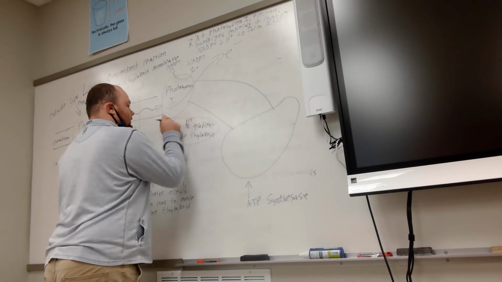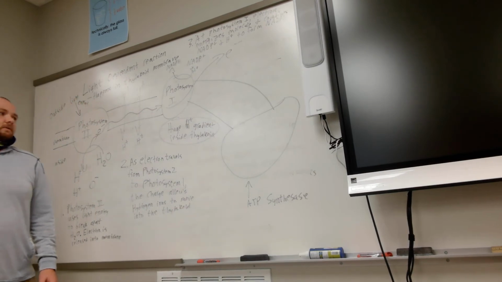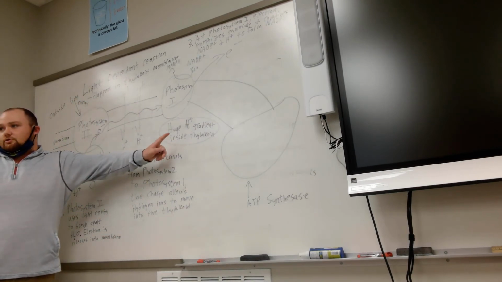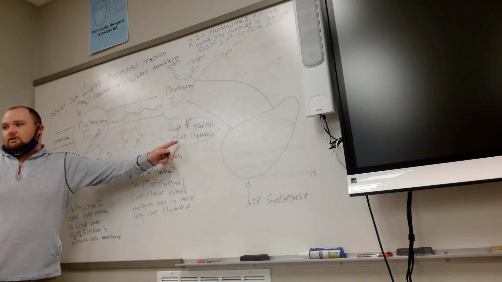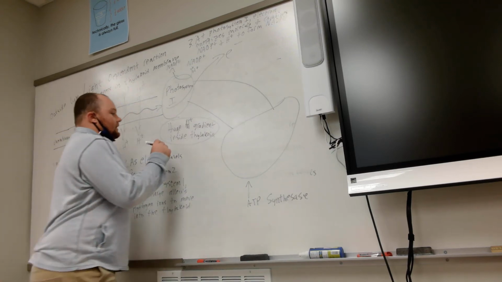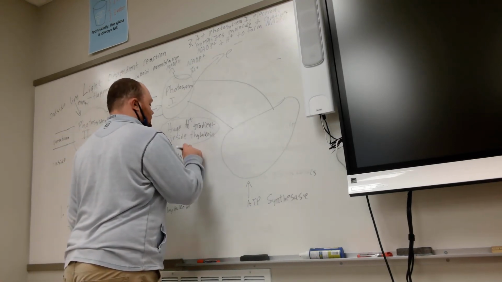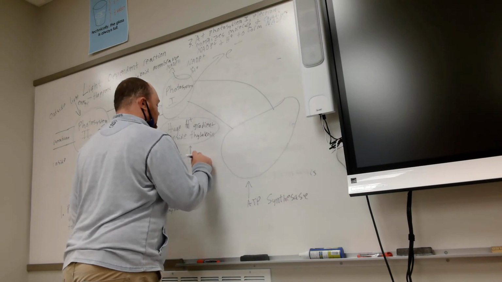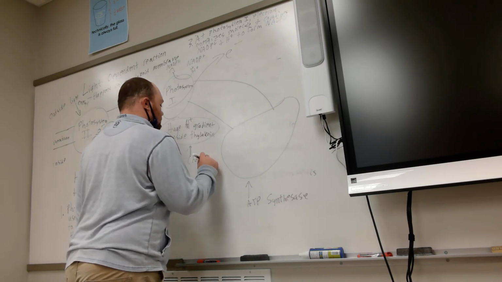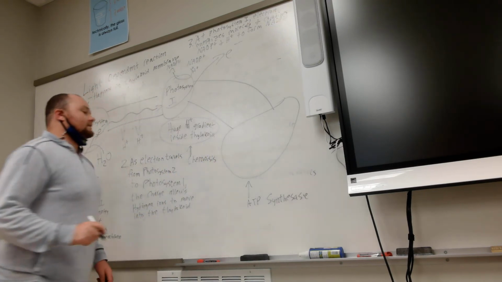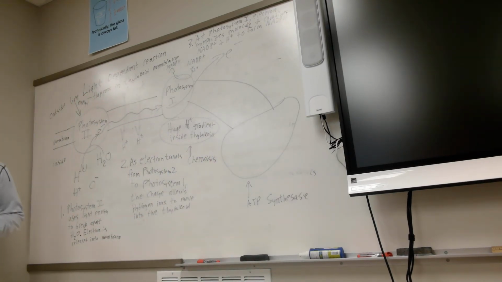And that's important. The name for that is called chemiosmosis. Chemiosmosis is when you have a really big gradient of hydrogen.